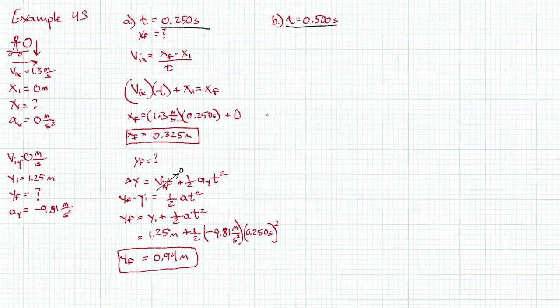In fact, we could plug in exactly the same equations. So let's do that. I'm going to write it down here so it's right next to everything else. In B, x final is the initial x velocity, 1.3, times the time.